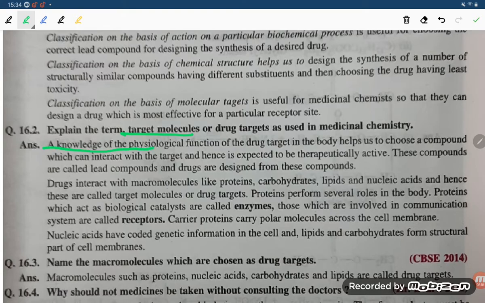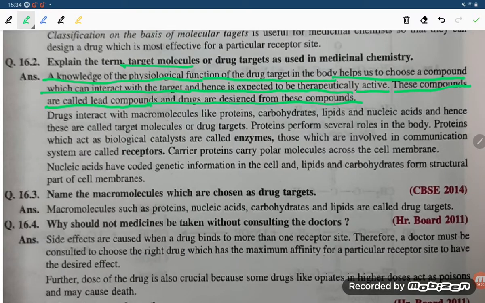A knowledge of the physiological function of the drug target in the body helps us to choose a compound which can interact with the target and hence is expected to be therapeutically active. These compounds are called lead compounds, and drugs are designed from these compounds. For example, drugs interact with macromolecules like proteins, carbohydrates, lipids and nucleic acids, and hence these are called target molecules or drug targets.